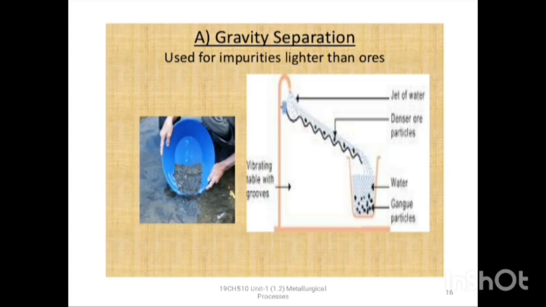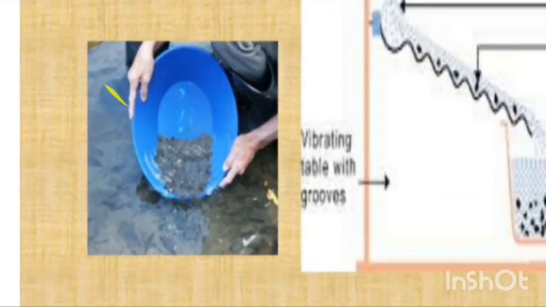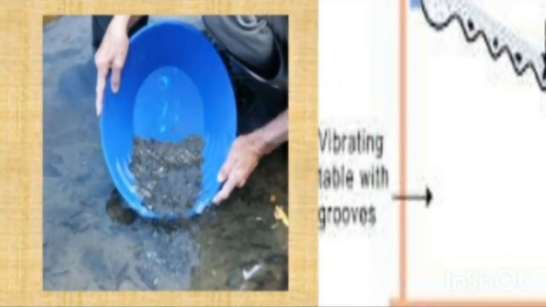In the process of gravity separation, the contents present in the ores are separated based on their mass or weight. This is similar to our water washing in domestic cooking. During cooking, we wash our materials in a bowl.